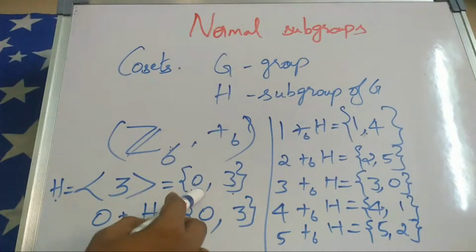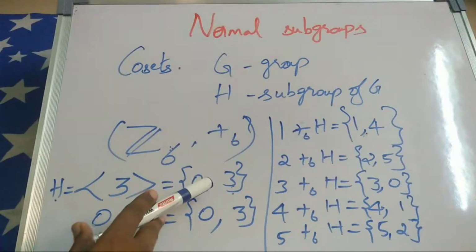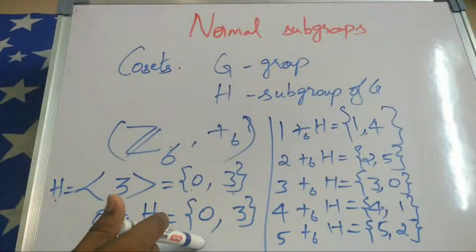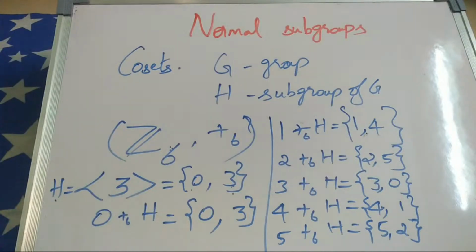But if the element with which you find the coset happens to be in the subgroup itself, the coset you get happens to be the subgroup itself. So hopefully what I am trying to say is clear.